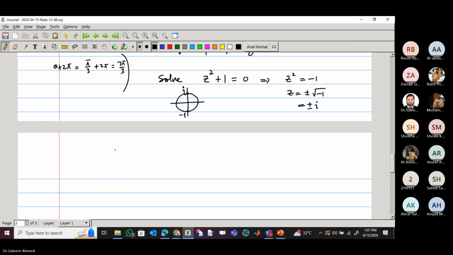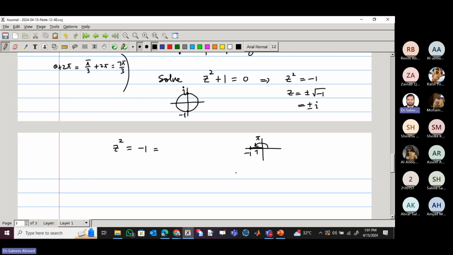Let's say if I try doing this, z square equal to -1, right? And I write -1 in polar form. So you remember -1 is here. You know that the length is 1 and the argument is 180, which is pi.